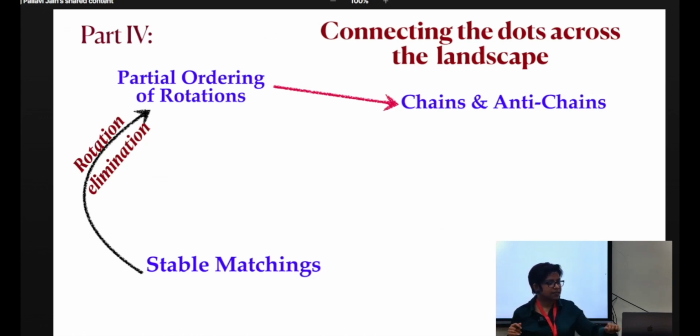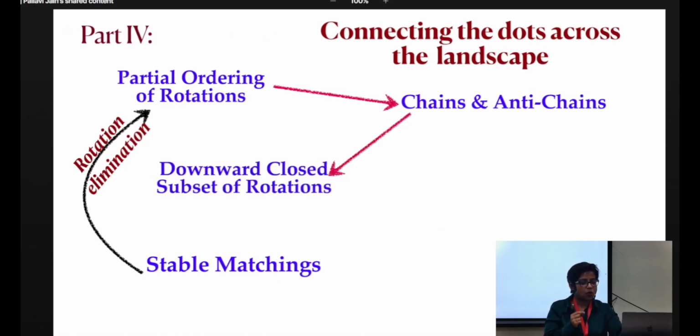Okay? So, that is the thing. Think of it as a directed path or anti-path. Give your own name if you do not like chains and anti-chain. The chains allow us to define the downward closed subsets of rotations. We did, right? You stand at a rotation and see who all can actually have a directed path to you. That consists of the smallest closed subset that contains this particular vertex that I am standing at.